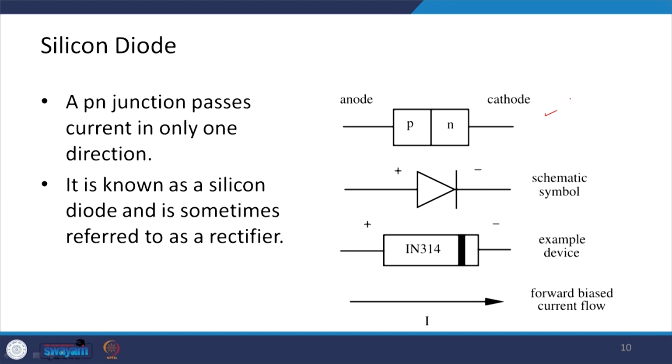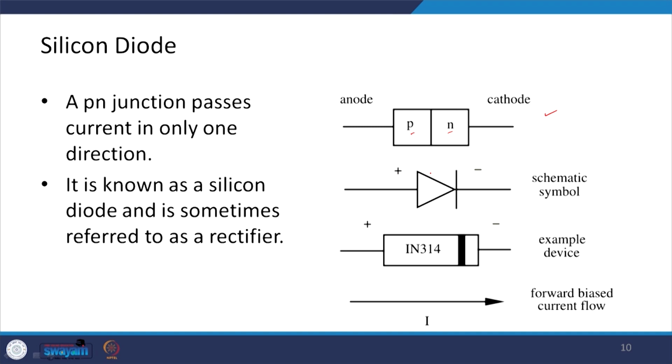A silicon diode is sometimes also referred to as a rectifier, because it passes current from only one direction. This is how we represent it: you have a p-n junction, and there is a symbolic representation for it.